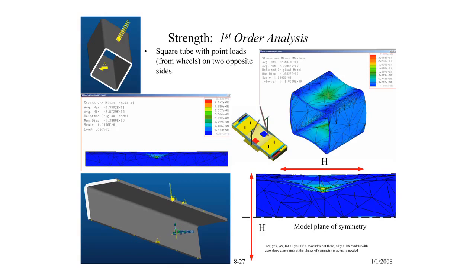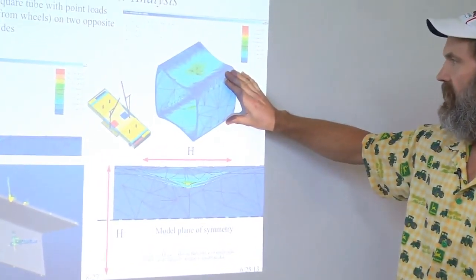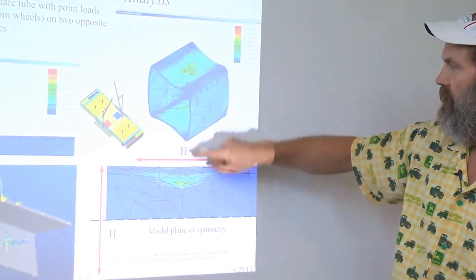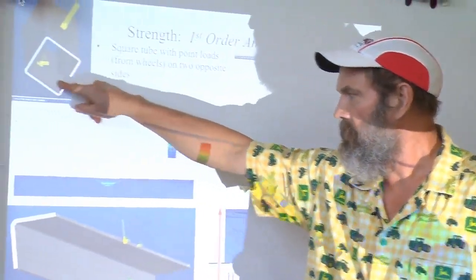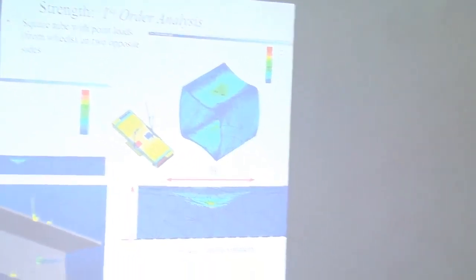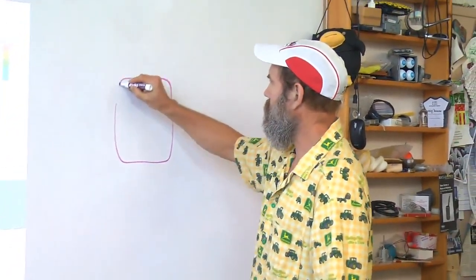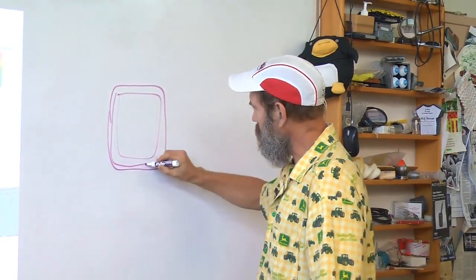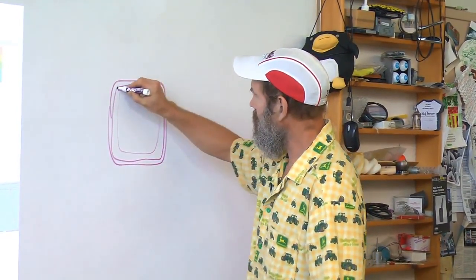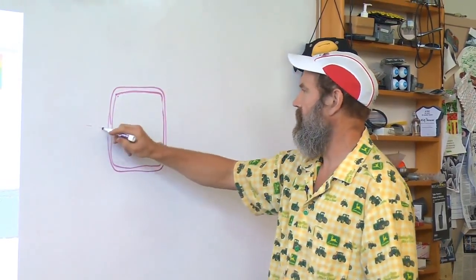In either event, your first order analysis is a very powerful tool. For example, here is a section of a beam, a closed section beam, and there's a point load on it. And you ask, well, what does that point load do? Well, for example, if I have a beam and I'm going to be really clever and design a structure like this, and maybe it's a really efficient structure, so the wall is very thin, so here's my neutral axis.